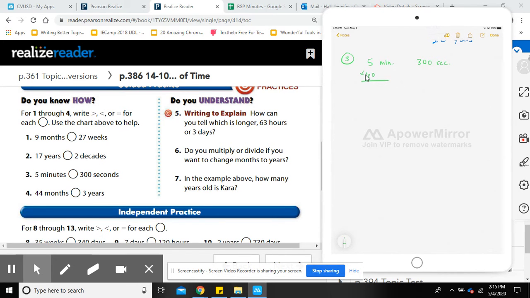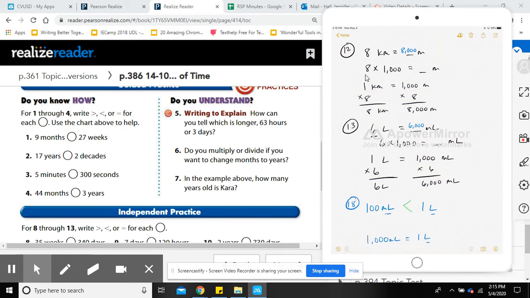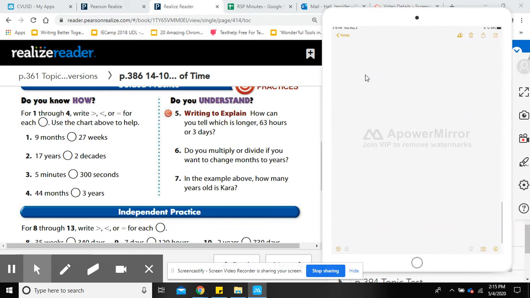So over here on the side, I'm going to do it the right way. 60 times 5. 0 times 5 is 0. 5 times 6 is 30. So 300. Well, we have 300 seconds. So 5 minutes is equal to 300 seconds, and we're comparing it to 300 seconds. So it is equal to. All right, let's go on to number 4.